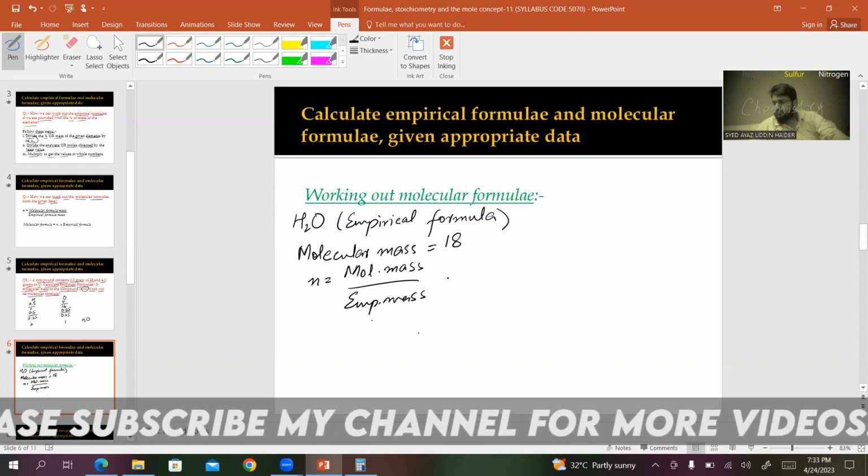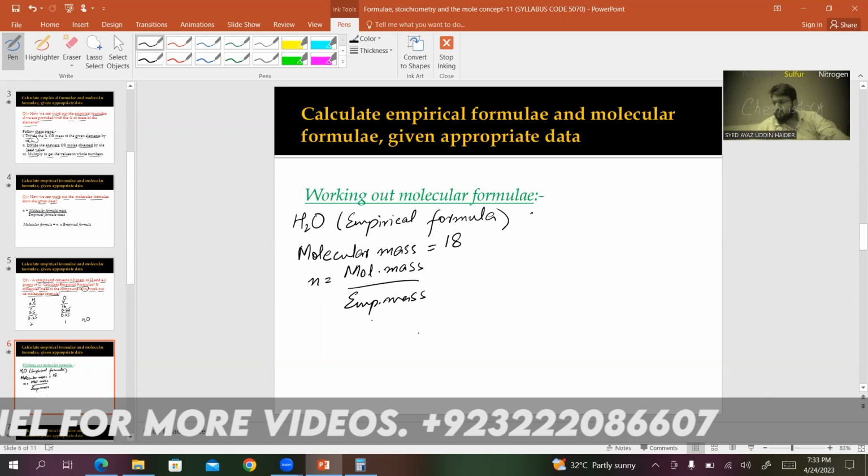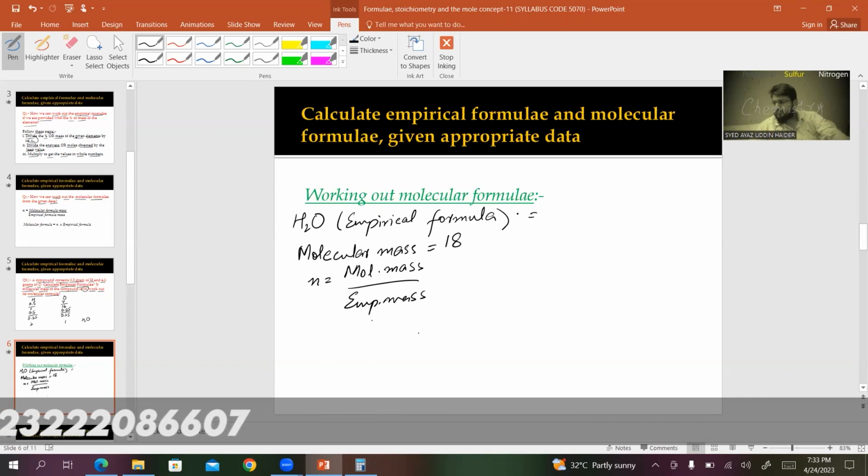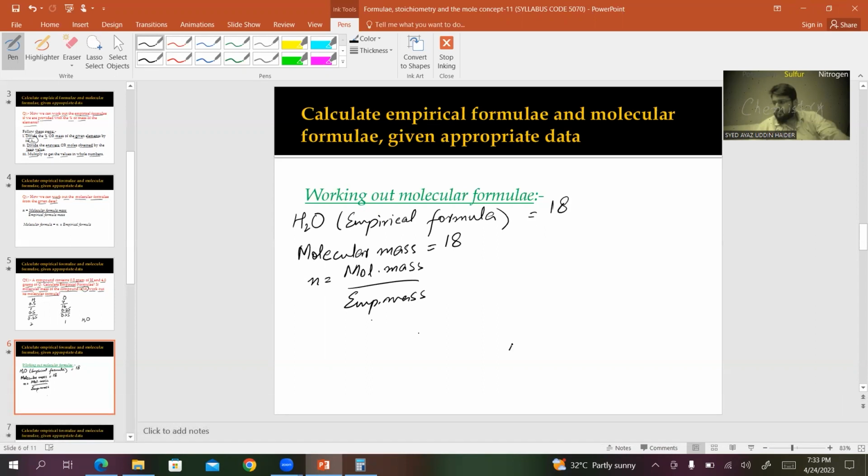Empirical mass is the mass of the empirical formula. If you work out the empirical mass of this H2O, you will get 18. So 18 divided by 18 gives 1. So we'll multiply 1 by each number of atoms present in this. So the molecular formula will be H2O.